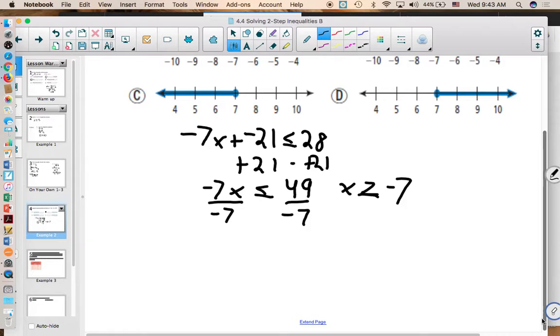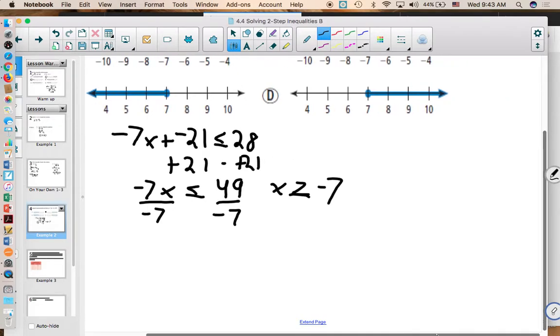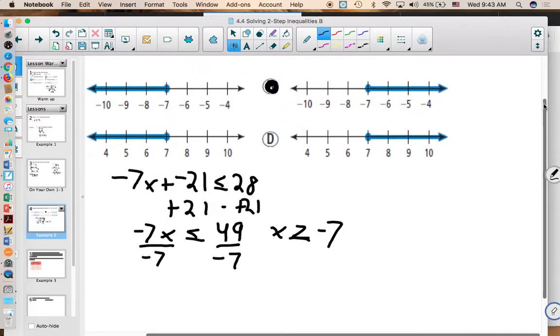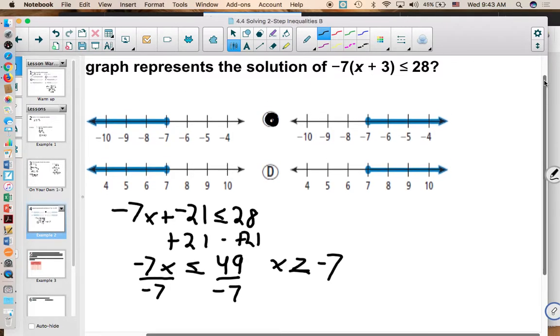Marissa, you started out with the same problem, but what did you do first? When you went to do yours, what did you do first? Instead of dividing, multiply. Okay.